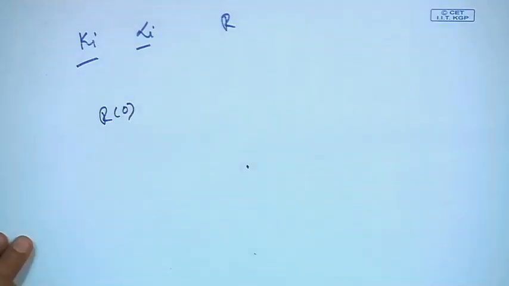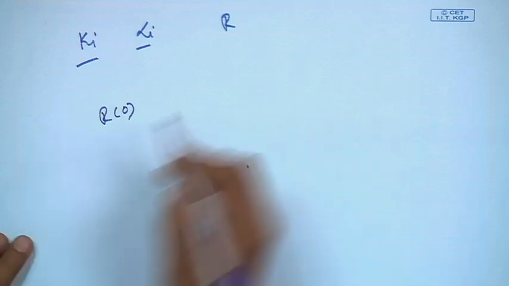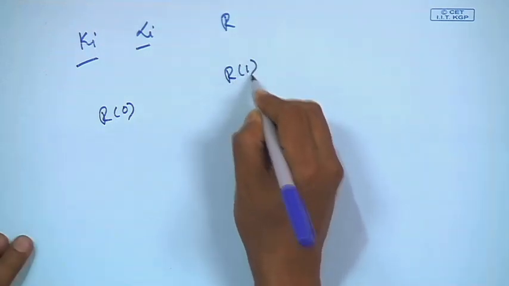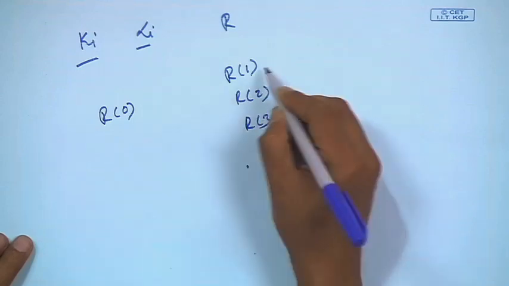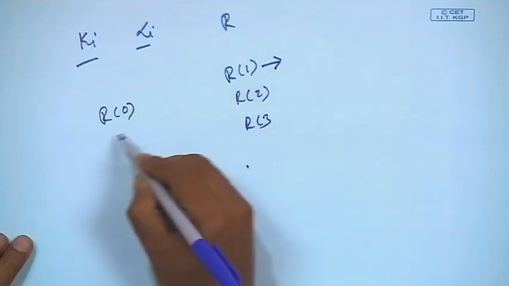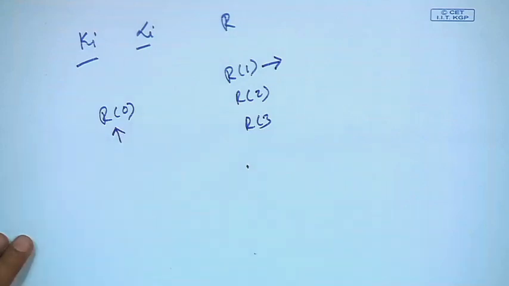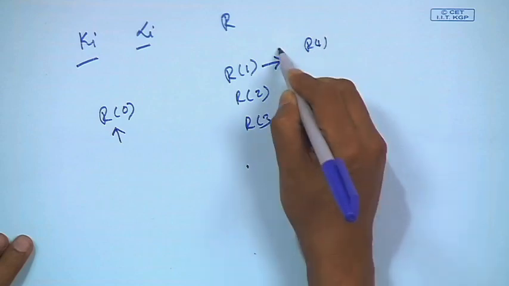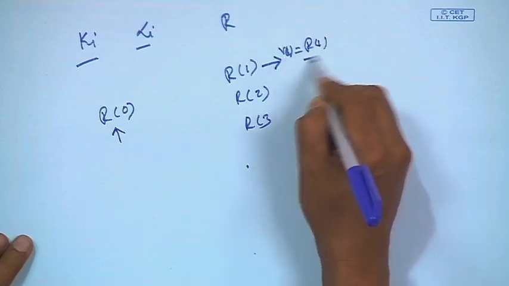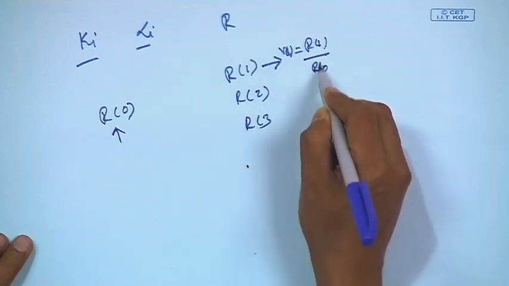Suppose my correlation values are R1, R2, R3. I can normalize R1 with respect to R0, because R0 is the energy of the signal. So, instead of R1 I can use small r1, which is nothing but R1 by R0.